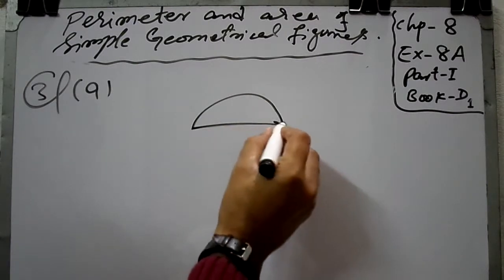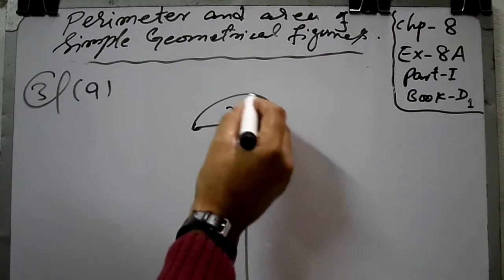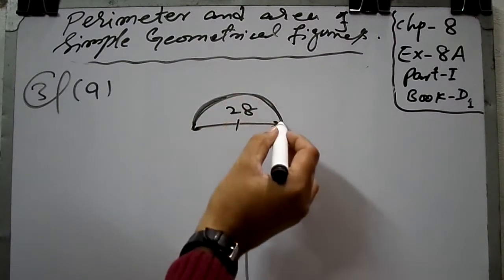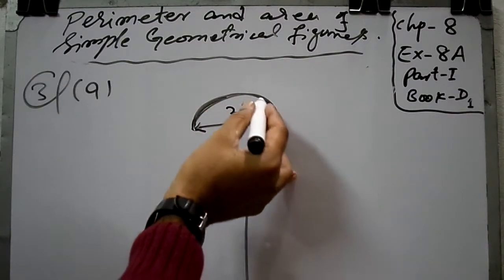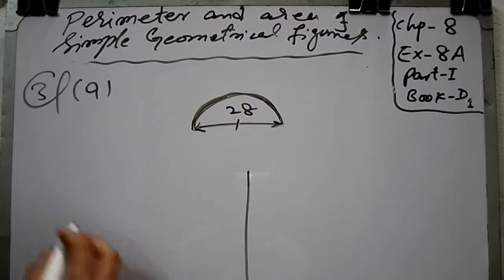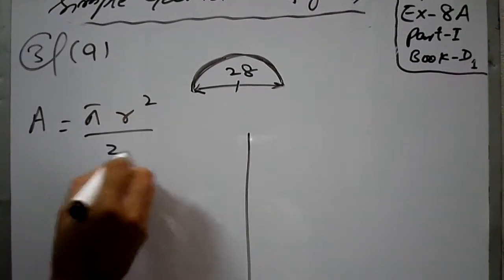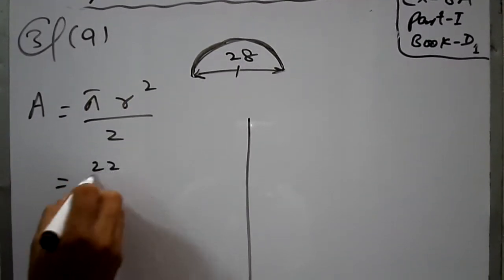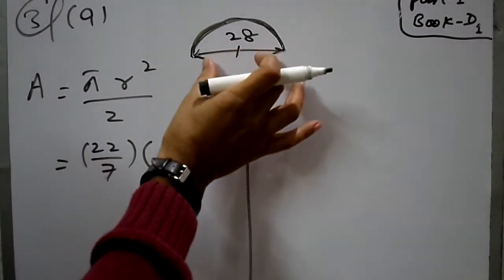So the value of the figure is this, 28. So that is your semicircle, because when we read the statement we have been directed that it is a semicircle. Okay, what is the area? Semicircle area is pi r square divided by 2. It is our formula. So putting the values, the value of r is 14 because it is a diameter.